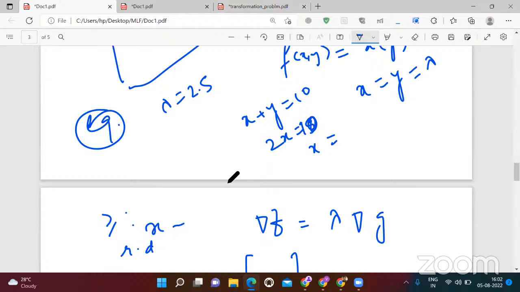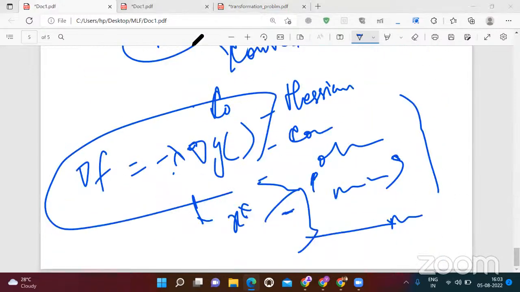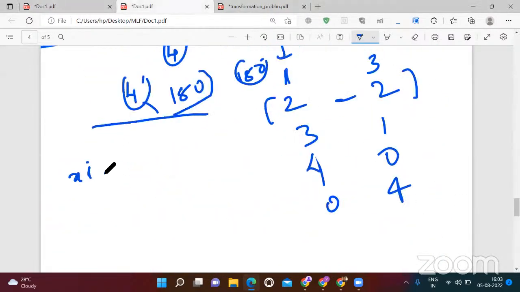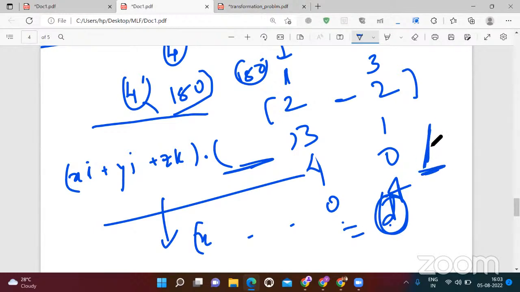And whatever you get as d is simply the distance of that plane from the origin.